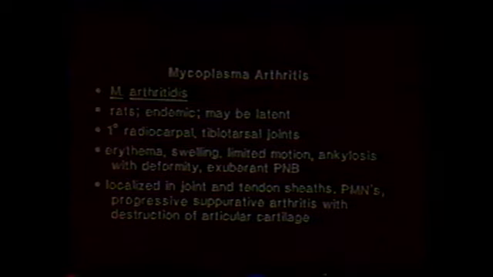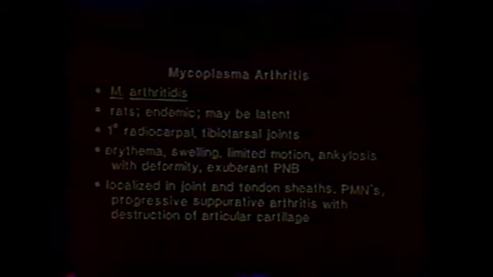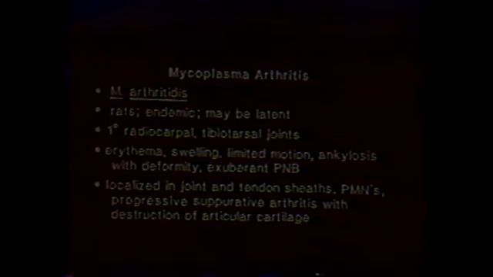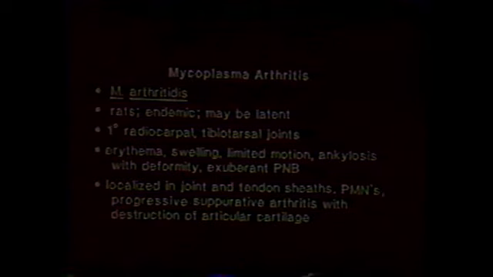And again, a common response to arthritis of many different causes is exuberant periosteal new bone, or PNB, proliferation. Okay. The lesions are initially suppurative inflammation in the tendon sheaths that may progress to suppurative arthritis and destruction of the articular cartilage.